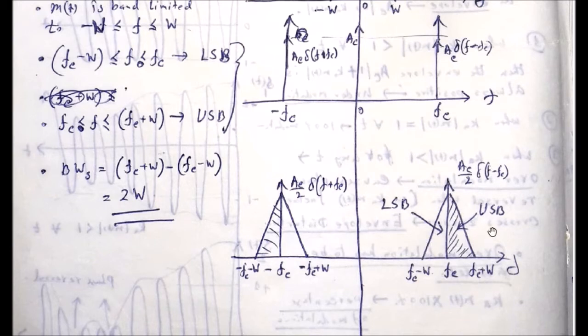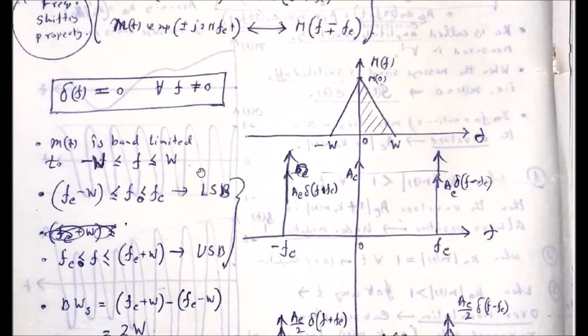The upper and lower sidebands are actually the same. They bear the same information, but they are mirror images of each other. Frequency translated, the upper sideband has the higher frequency components and the lower sideband has the lower frequency components.